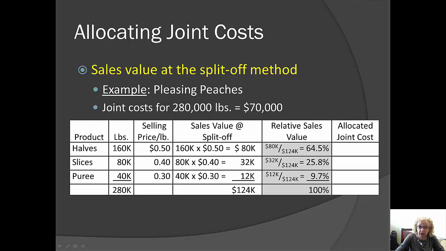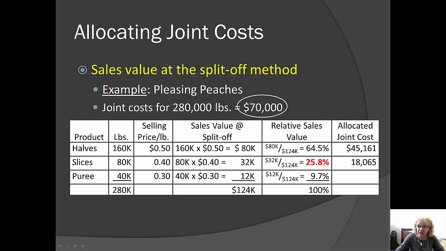Now we can use those percentages to allocate the joint cost. Peach halves contribute 64.5% of the revenue. They get 64.5% of $70,000. Peach slices represent 25.8% of the sales revenue.